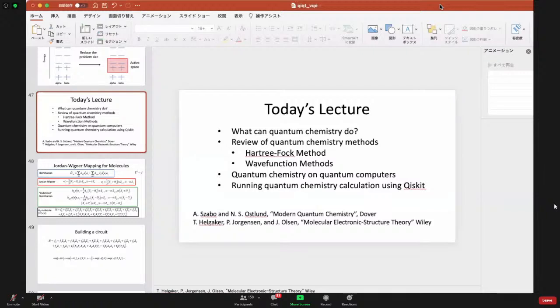Then I mentioned what kinds of things are difficult on classical computers but can be doable on a quantum computer, and I described some algorithms for quantum computing. Finally, I gave you a tutorial session for running quantum chemistry calculations using Qiskit.